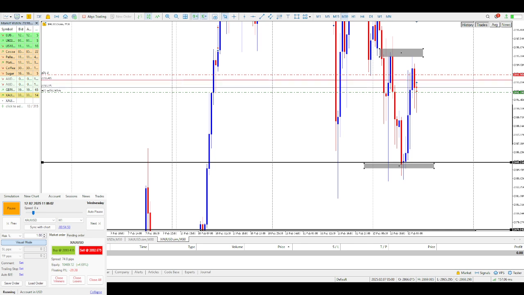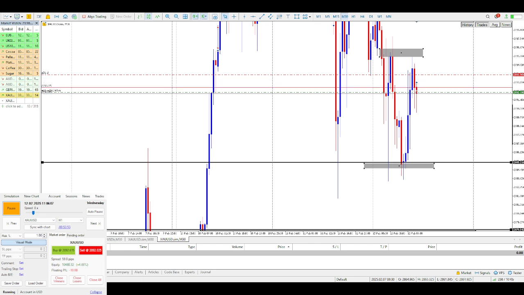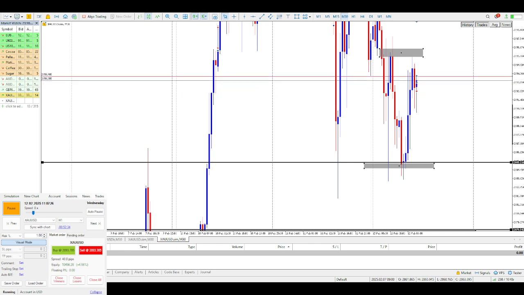So trade 3, retracement, and bearish M30. This two risk was 2%.